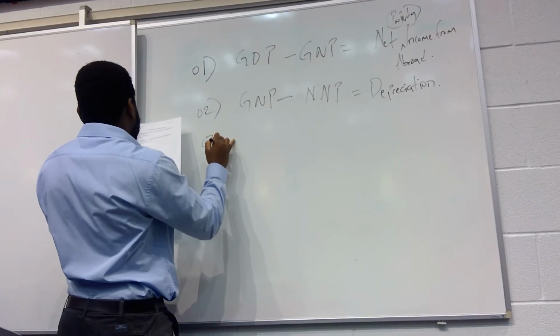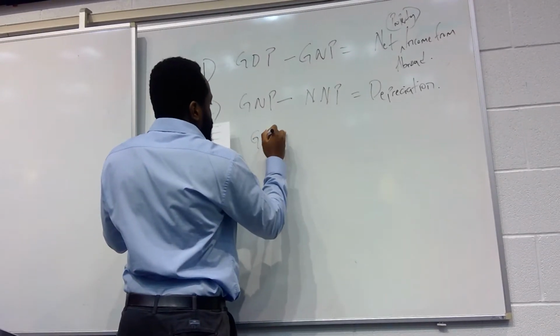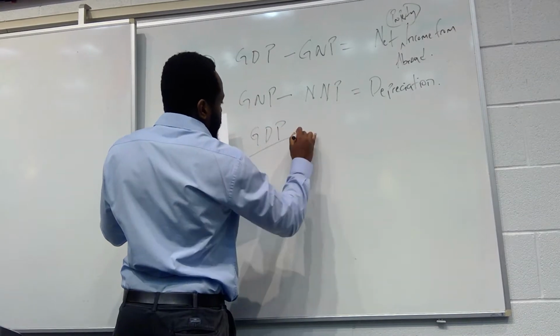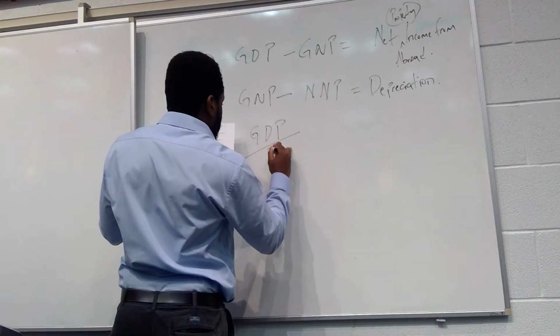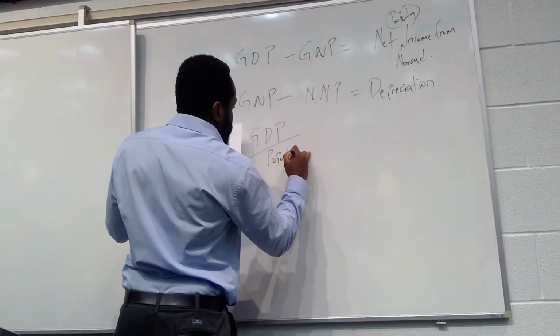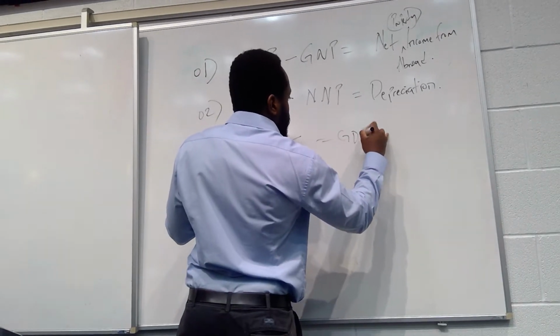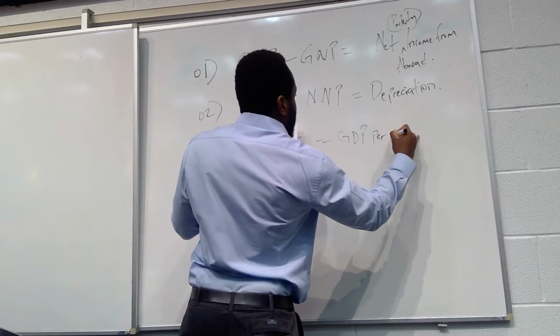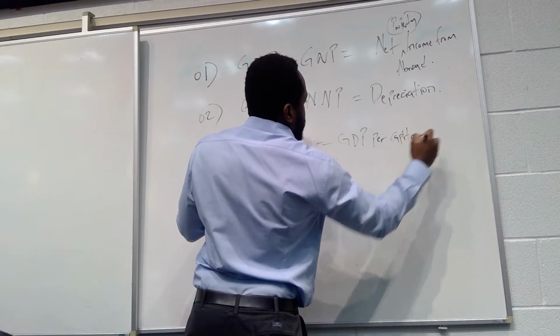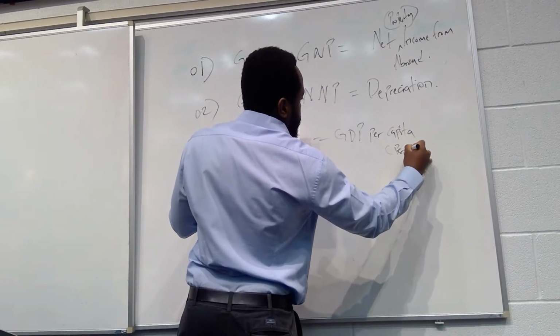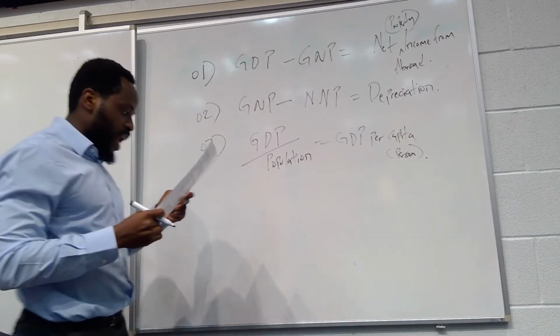GDP per capita, ladies and gentlemen, is just GDP divided by the population. So it is GDP per person, okay? Per capita, so that's GDP per person. All right, so there we have it.